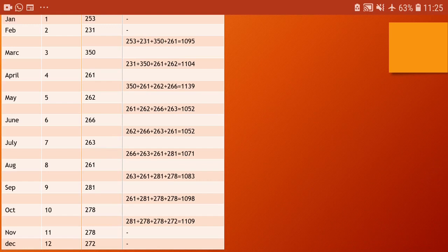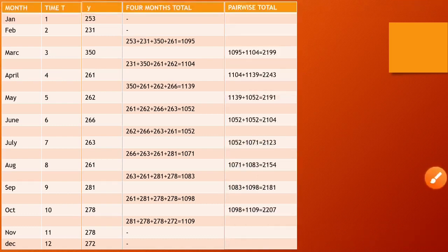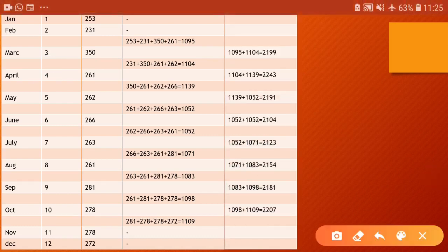Now what you need to do? Now you will be doing the pairwise total. How, sir? See, 1095 plus 1104. This pairwise total is opposite to March, then 1104 plus 1139 is opposite to April. So 1095 and 1104 is 2199.